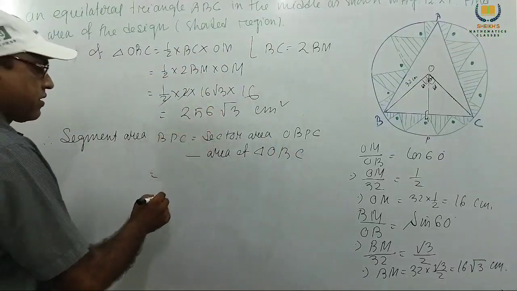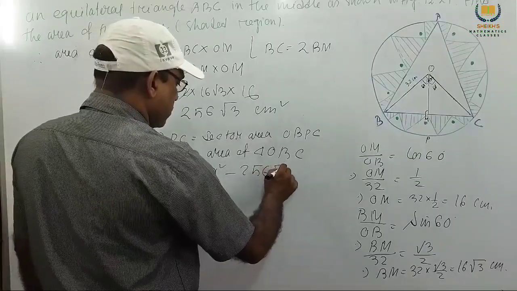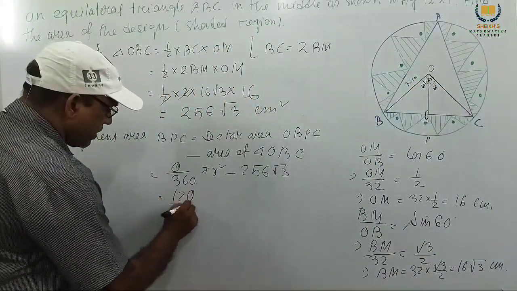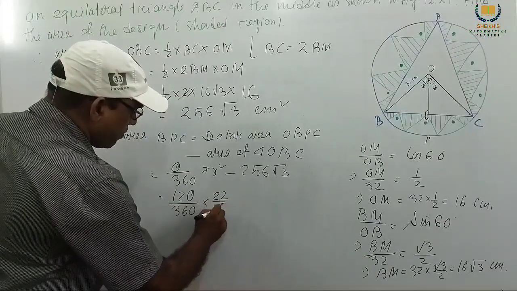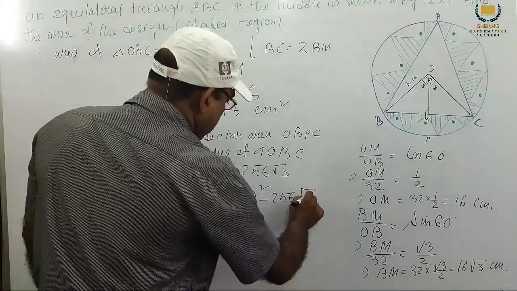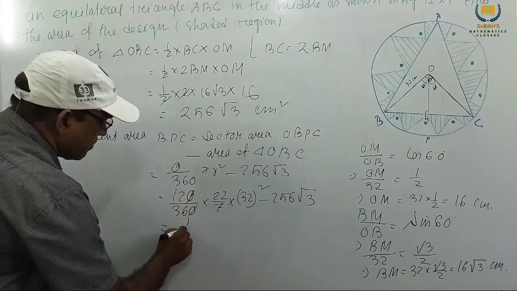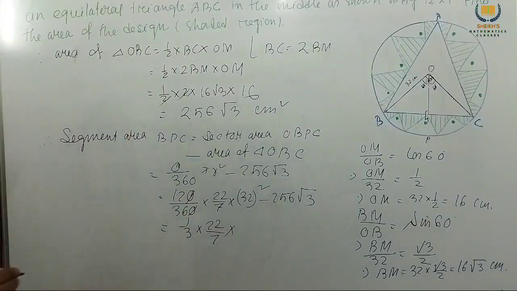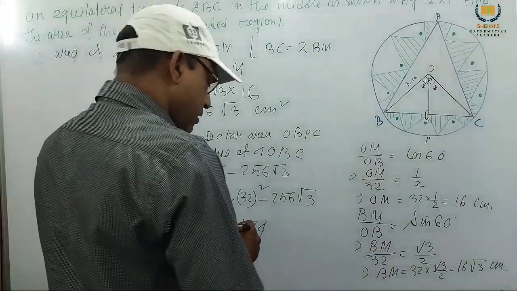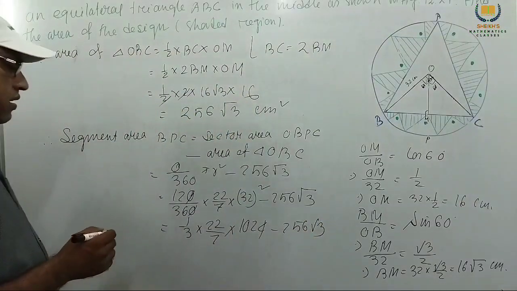The sector area is theta by 360 pi r square and the area of triangle is 256√3. Theta is the whole angle, which is 120 degrees. So 120 by 360 into pi, which is 22 by 7, r is 32 whole square, minus 256√3. The 120 by 360 becomes 1 by 3, and 22 by 7 and 32 square is 1024.